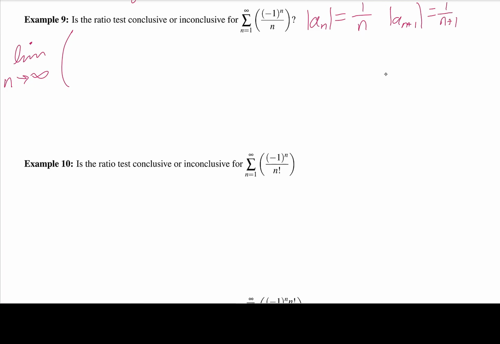So I'm going to use that because we can say that the absolute value of a sub n plus 1 over a sub n is the same thing as if you just take the absolute value of the top and divide by the absolute value of the bottom, right? And this works because of the properties of the numbers that we're using, as well as the fact that we're not going to be dividing by 0.